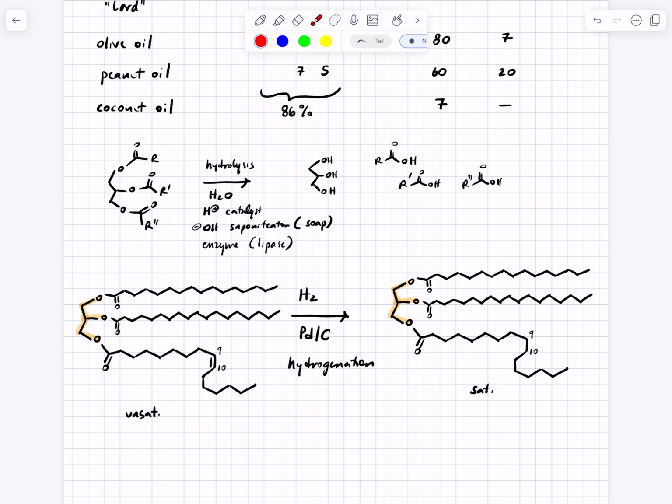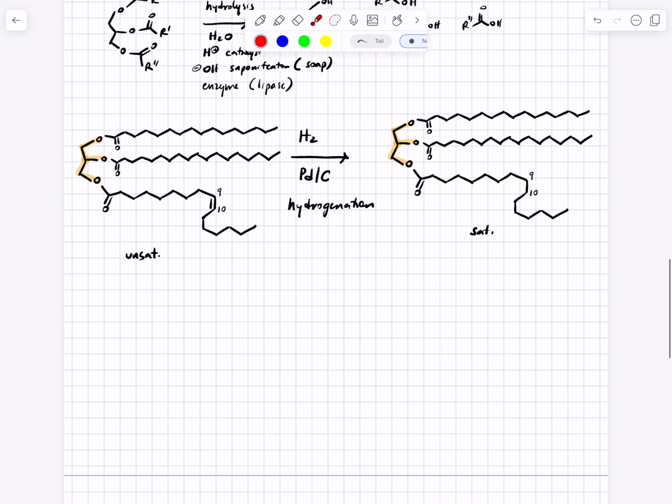Of course, we mentioned perhaps in 351 how if this hydrogenation process is incomplete, and especially if it's done under reversible conditions, you can get some isomerization of the cis double bond to the trans double bond, and that's where trans fats come into play.